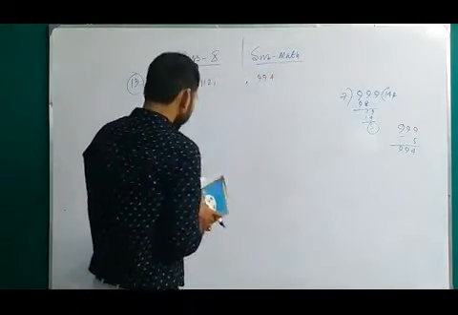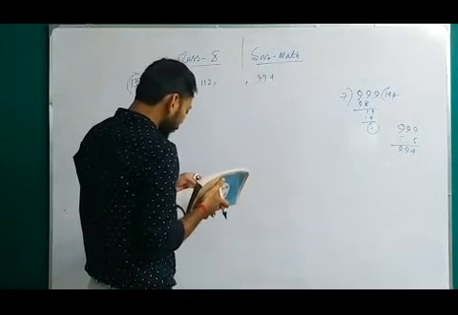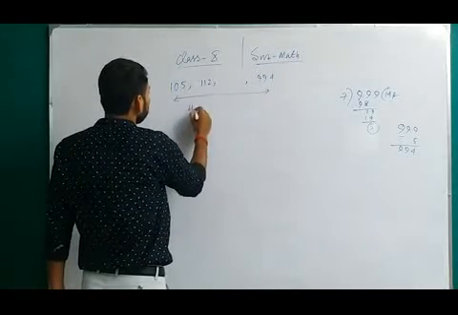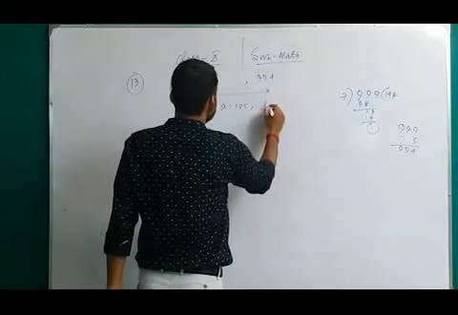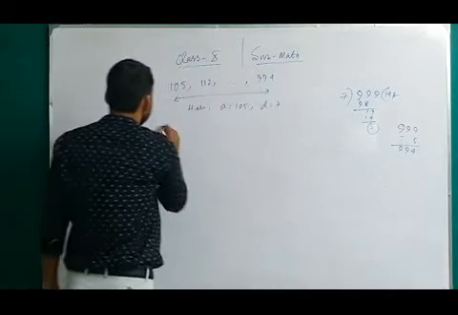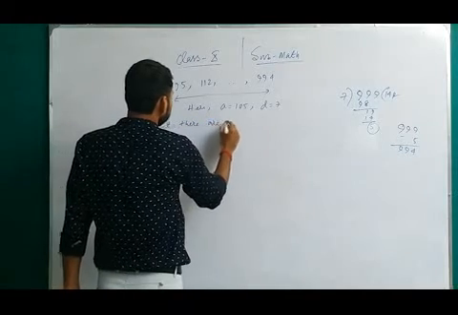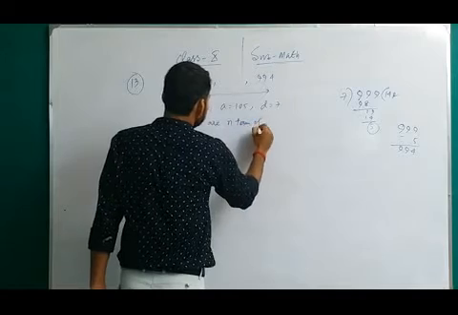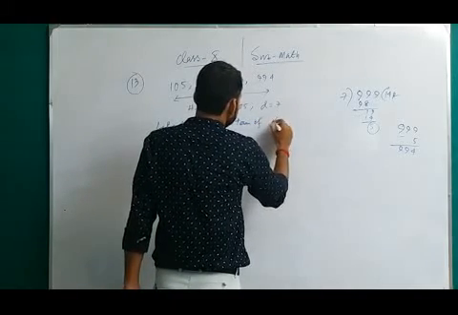Now, how many 3-digit numbers are divisible by 7? You have to find out the number of terms here. So here first of all, a equals 105 and d equals 7. Let there be n terms of the above AP.